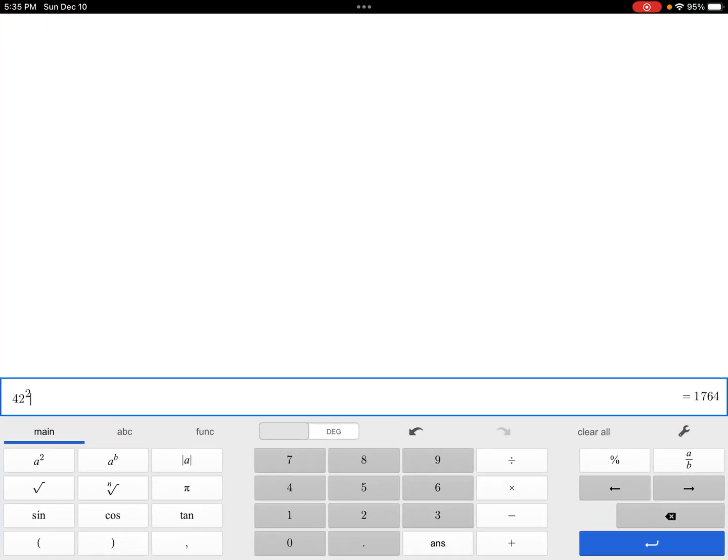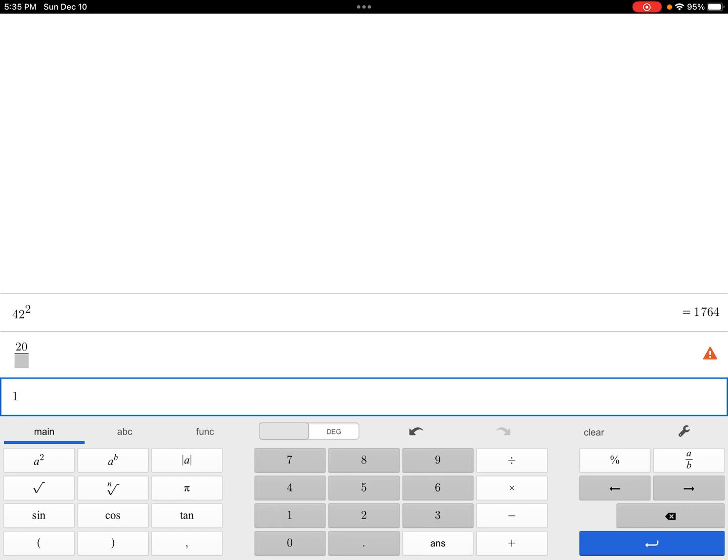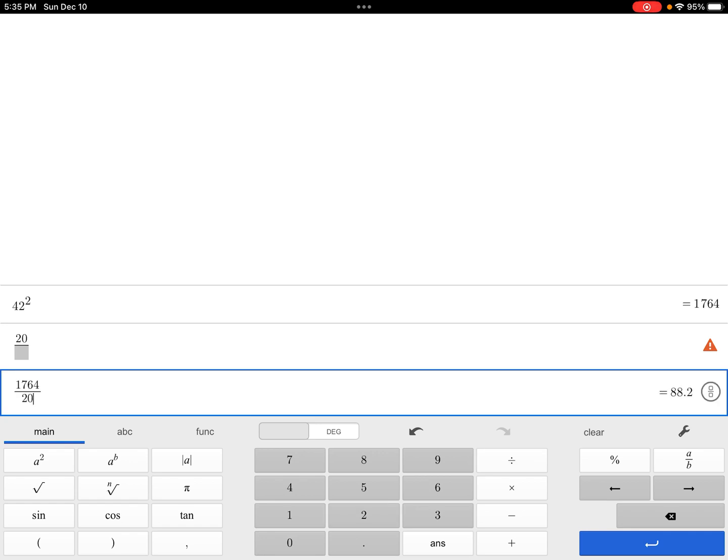So if I take 1764 and I divide that by 21, let's try that again. 1764 divided by 21, there we go, goes in there 84 times.